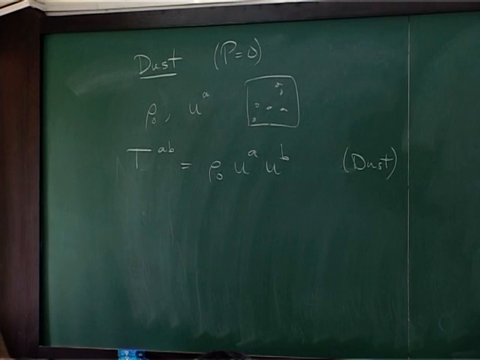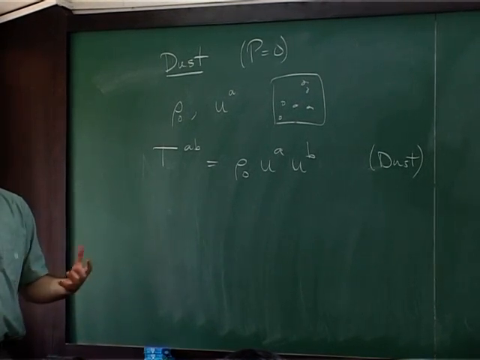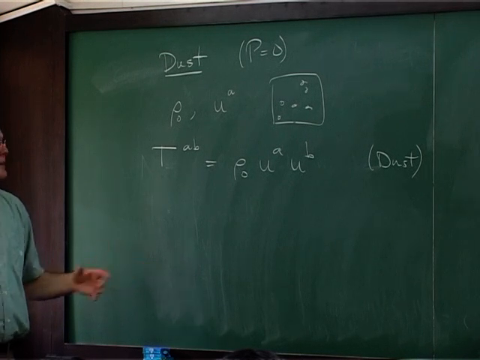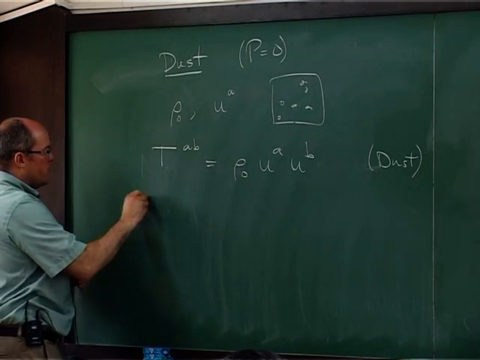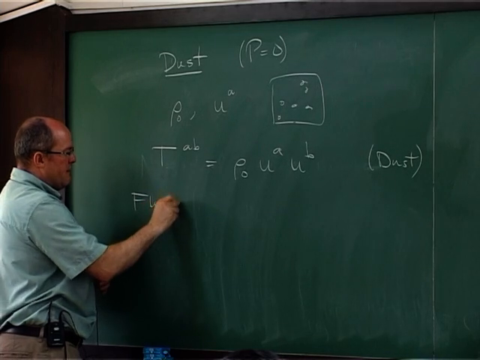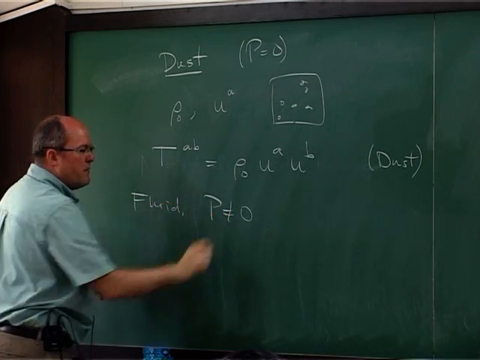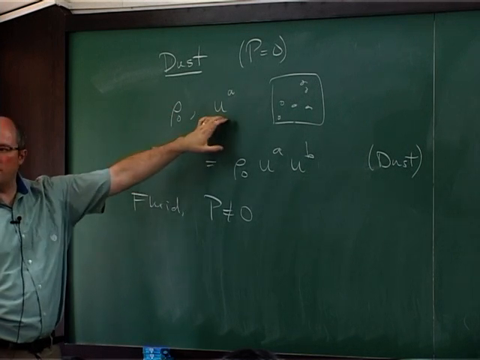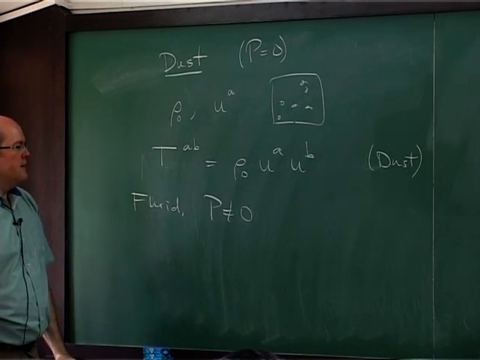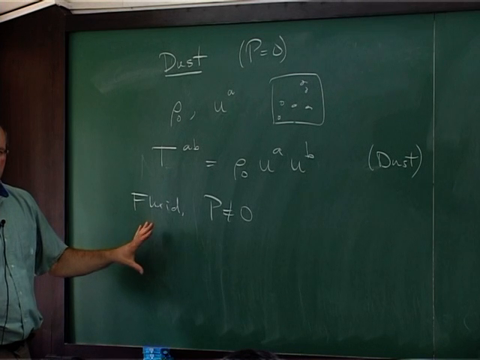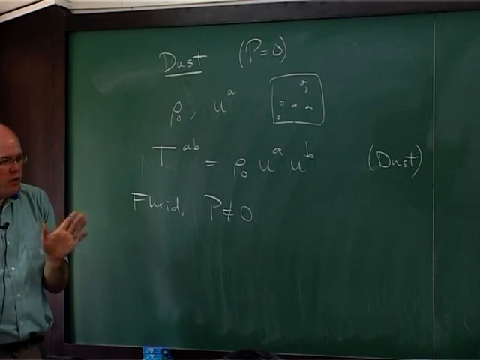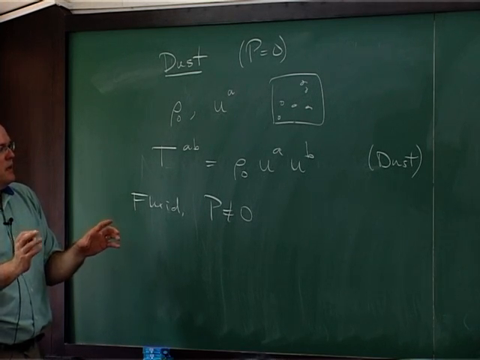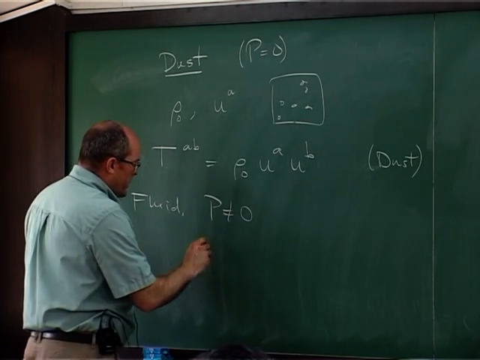Now, when I go to a fluid, I'm going to make the pressure not zero. And I have to imagine what can change. Okay? So now I think about the fluid. P is not zero now. But I still have the same things. I have densities. I have 4-velocities for these particles. If I go into the rest frame of this fluid, I think, what should this look like?